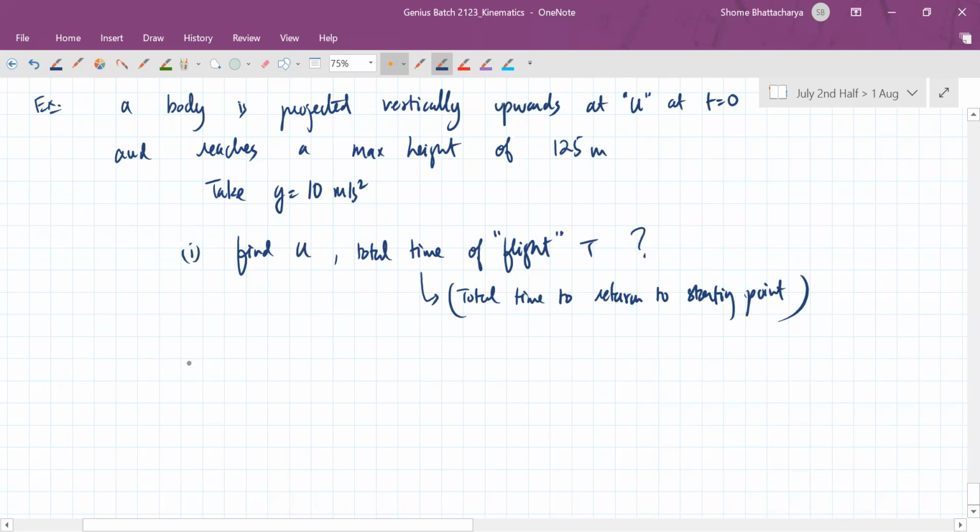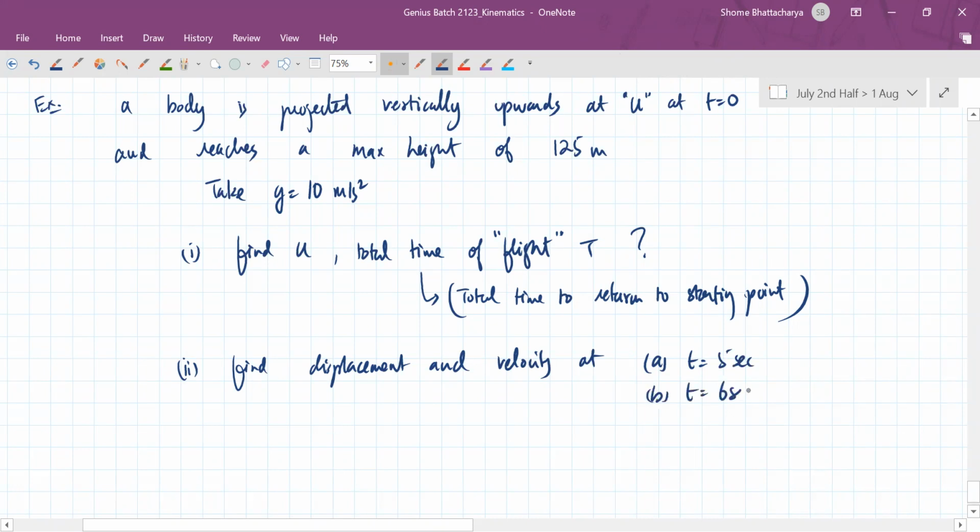We have to then also find the displacement and velocity at t equal to 5 seconds, 6 seconds, and just a minute. Yeah, make this 4 seconds, 5 seconds, and 6 seconds.